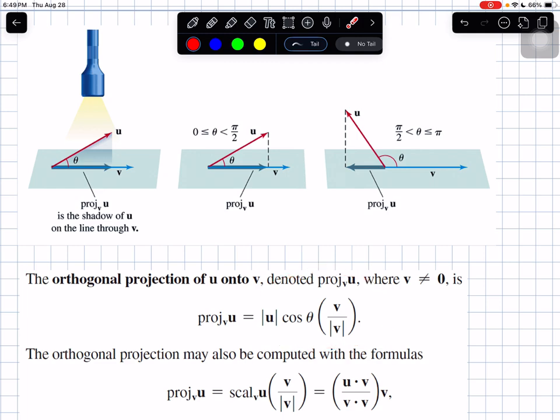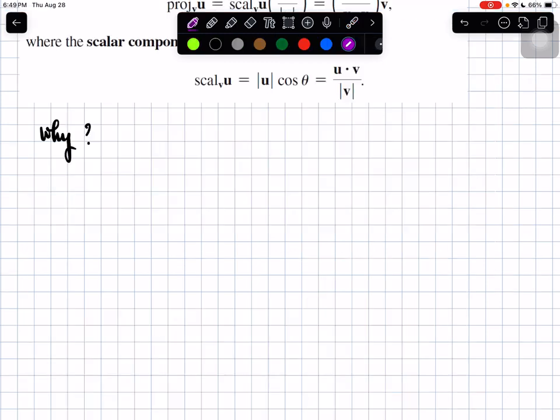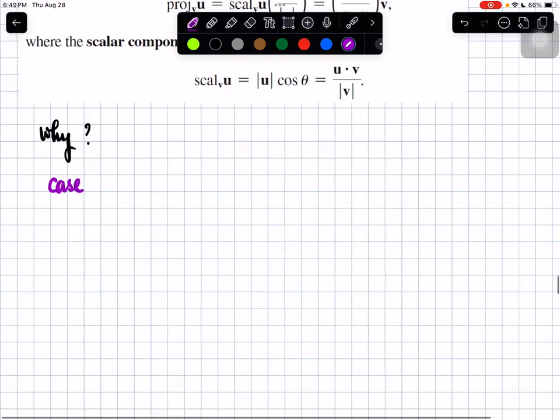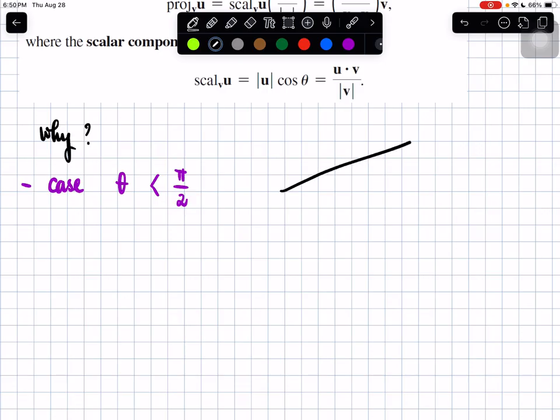Now, let's try to understand why we have this formula. The case where the angle theta is less than 90 degrees, let me do this first. The second case would be the same. So now we have vector u, say this vector, and vector v is here. So the angle between them, theta, is less than 90 degrees.